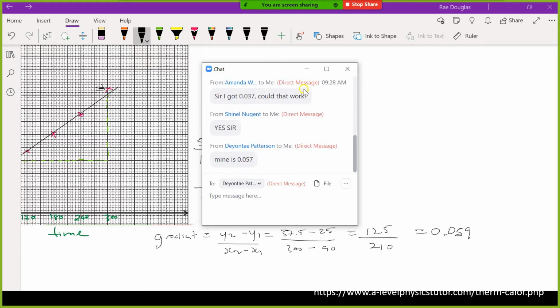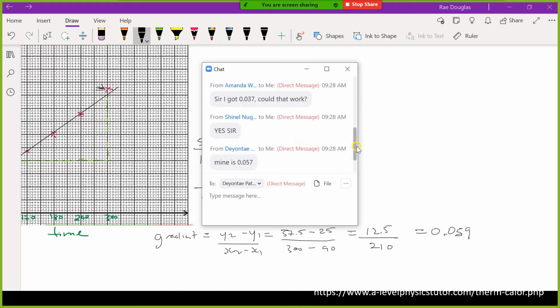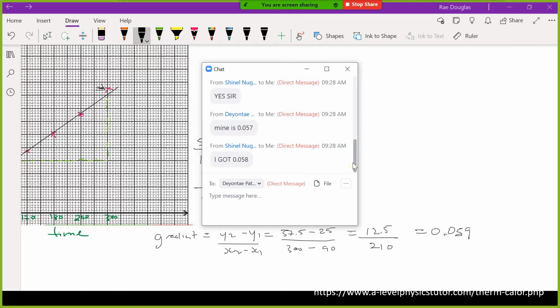But at the end of the day, you'll be getting somewhere around that range. If we check your graph and see that you did everything correctly, you got that value, and you show the working out properly, then we can't penalize it too much. But if the line is not completely a line of best fit, then that could explain why the gradient could be off, right?